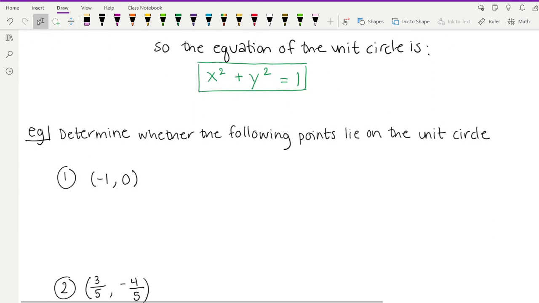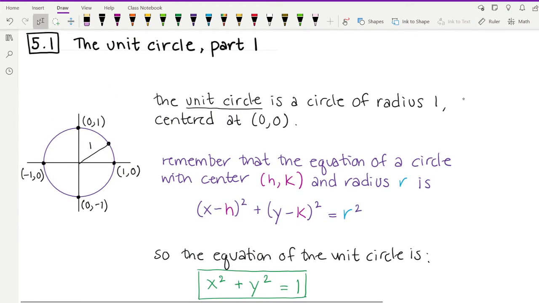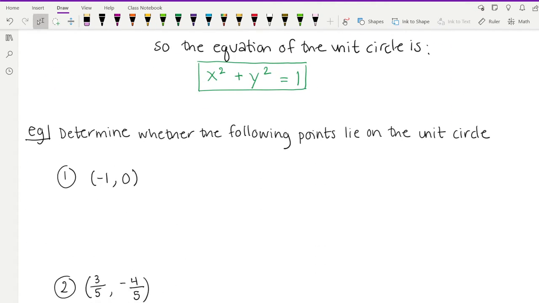So in this case, if we want to test whether certain points lie on the unit circle, we need to verify that they satisfy x squared plus y squared is equal to 1. Let's start with this first one. We already know that this does lie on the unit circle, because we plotted that point right there. We can visually see that it lies there, but let's verify that it satisfies the equation.